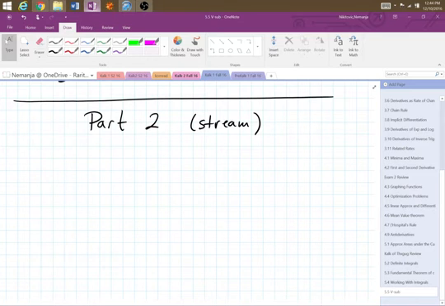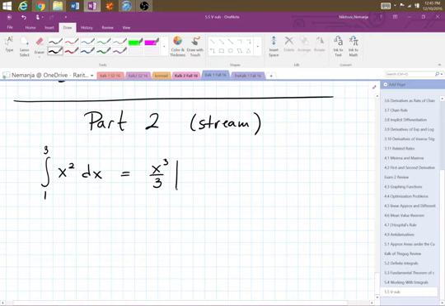So just a quick review of what the definite integral was. It had limits, let's say 1 to 3 for x squared dx, and then you integrated first between 1 and 3, which will give you 3 cubed over 3 minus 1 cubed over 3, which is 9 minus 1/3, which is 8 2/3. So this is what the definite integral was.